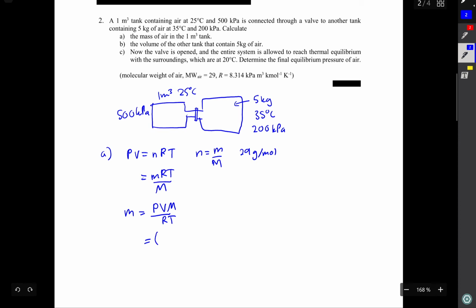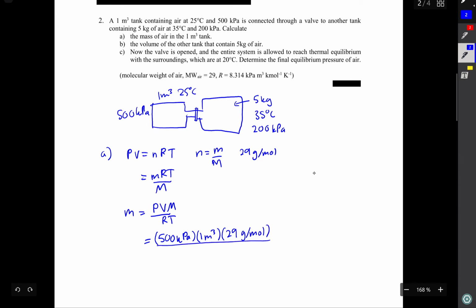So just put all the values there. It's good practice for you to write down both the value and the unit. If you don't want to have a unit, you can also remove the prefix into a value. I prefer the unit there, so I know whether it's in the SI unit or not. The next one is the volume, given as 1 meter cube, and for M, just retain it as gram per mole.